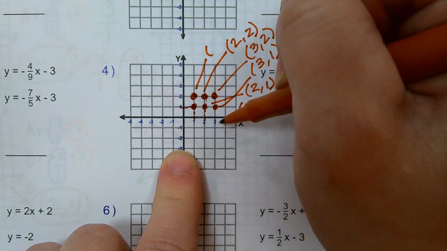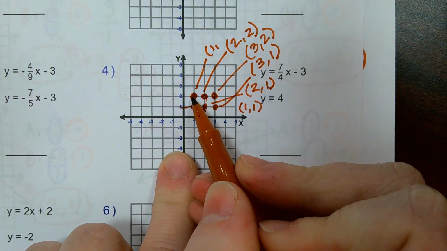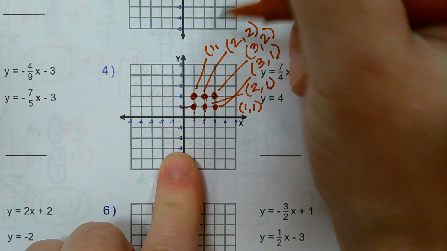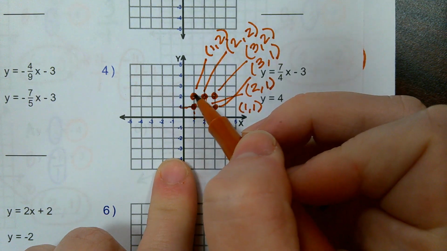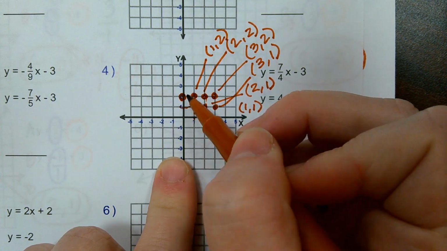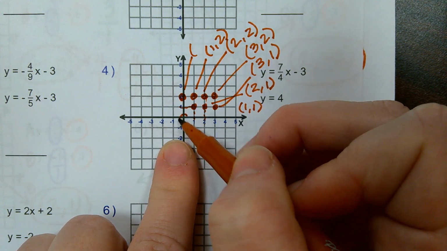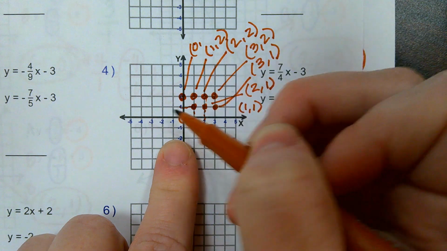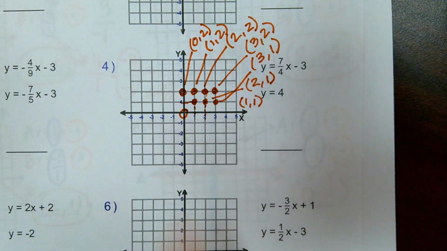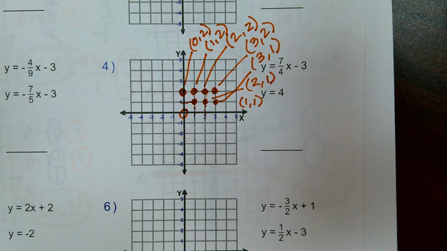I'm at 1 on the x. Where am I on the y-axis? 2. What if I go back even 1 more right here? Where am I on the x? You're going to be on 0. So anytime your y is 2, if both of the y values are the same, it's always going to be 0 for x.